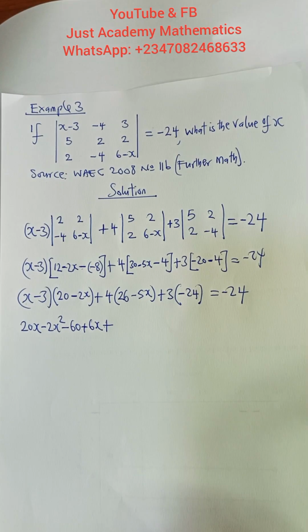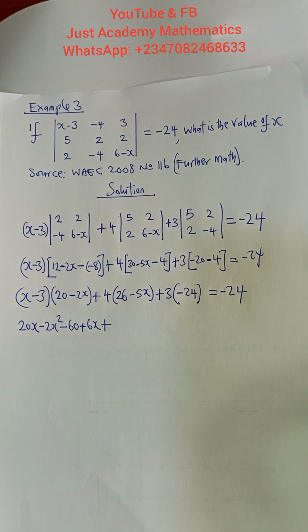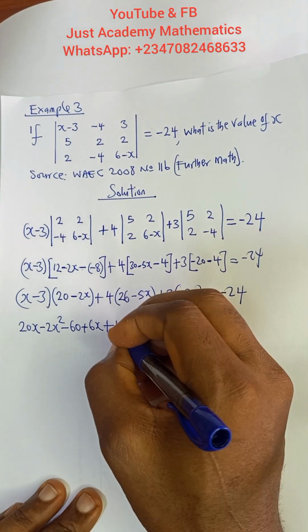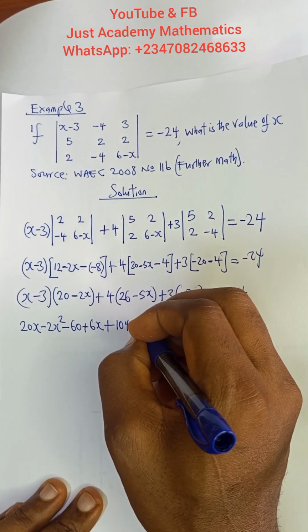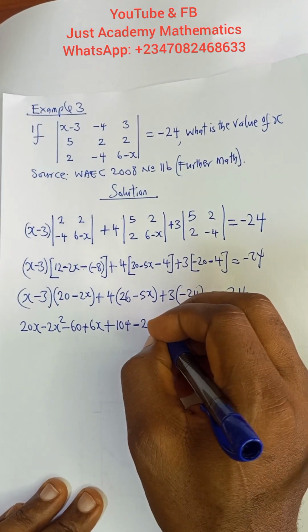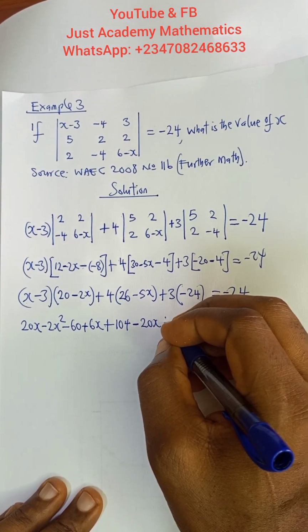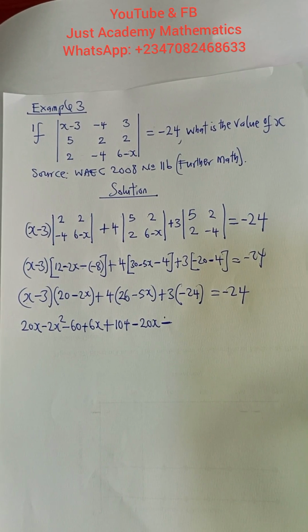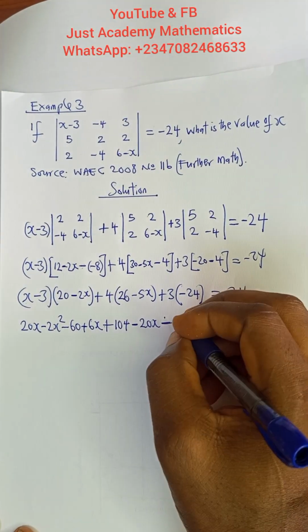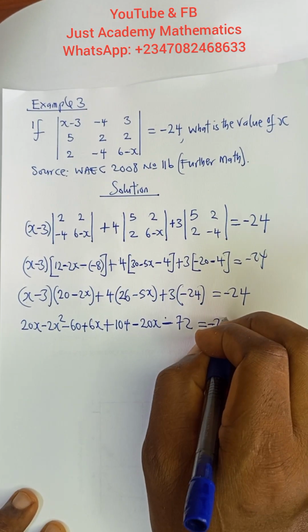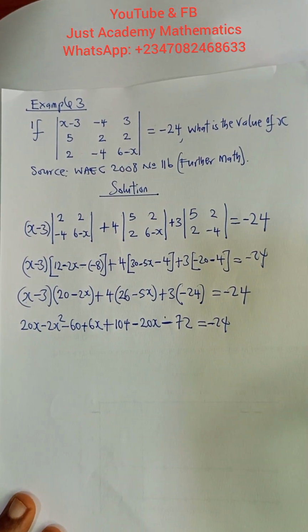Then plus 4 times 26 will give us 104. Minus 4 times minus 5x will give us plus 20x. Then 3 times minus 24 gives us negative 72, is equal to minus 24. So what do we do now?